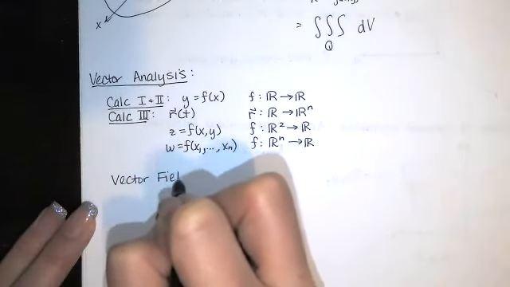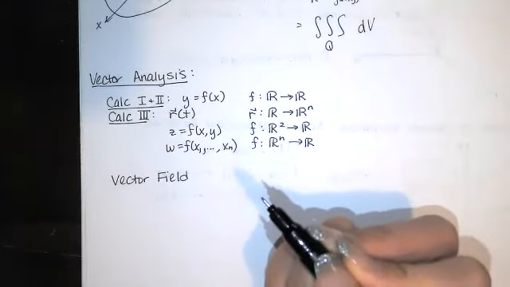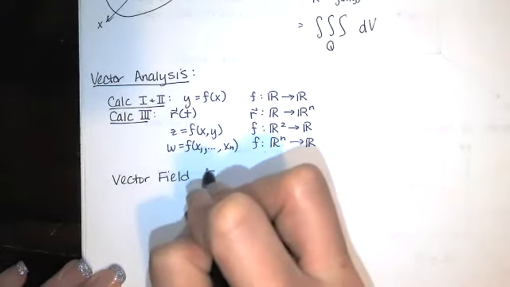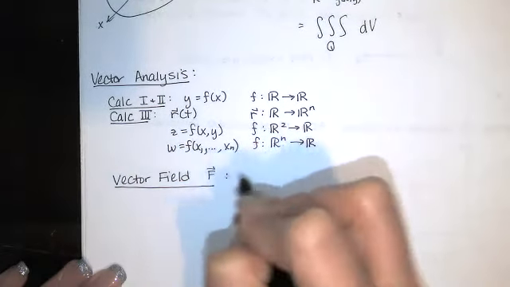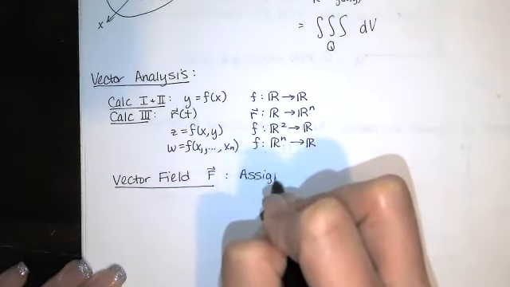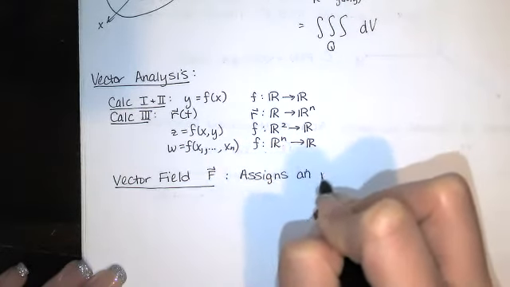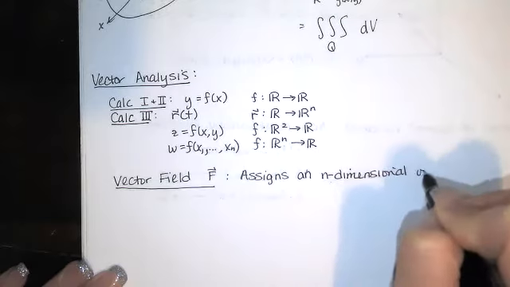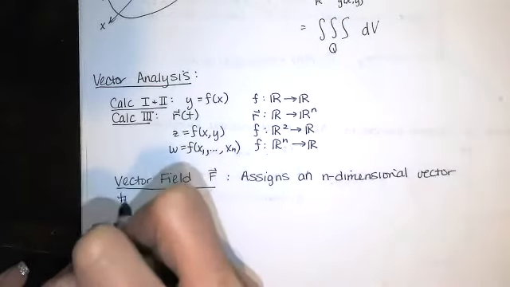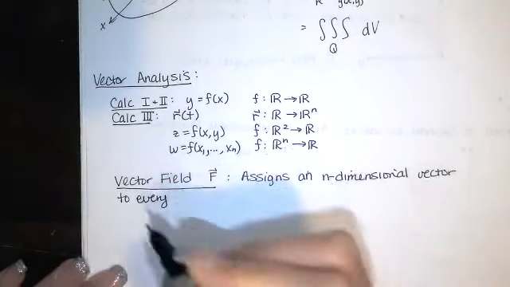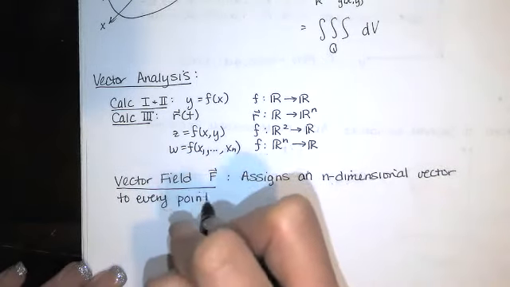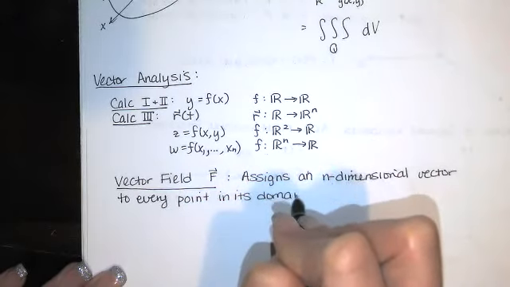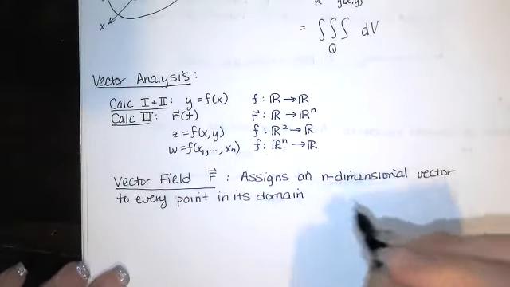defines what's called a vector field. And a vector field, F, assigns an n-dimensional vector to every point in its domain, and its domain is a subset of n-dimensional space.